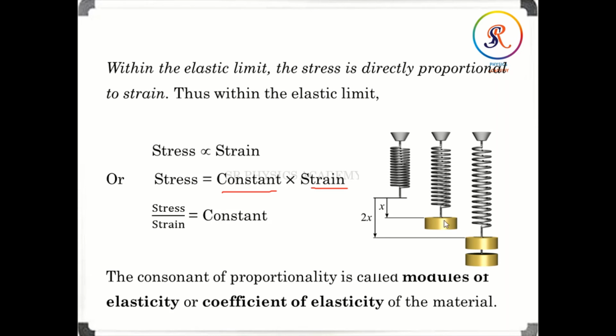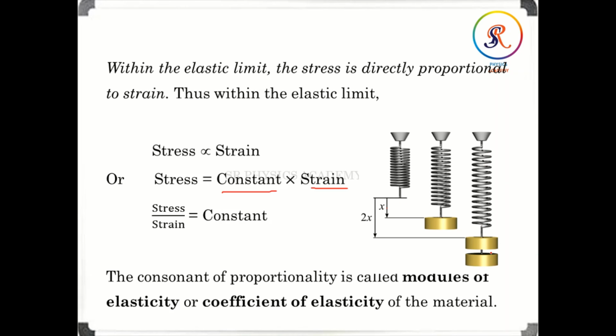This coil is 1 Newton, this is 2 Newtons. So under 1 Newton we get the x value, the x distance. And the spring is elongated to 2x under the influence of a load of 2 Newtons.